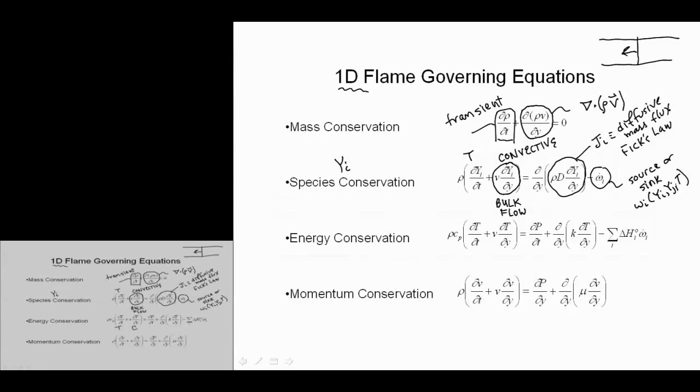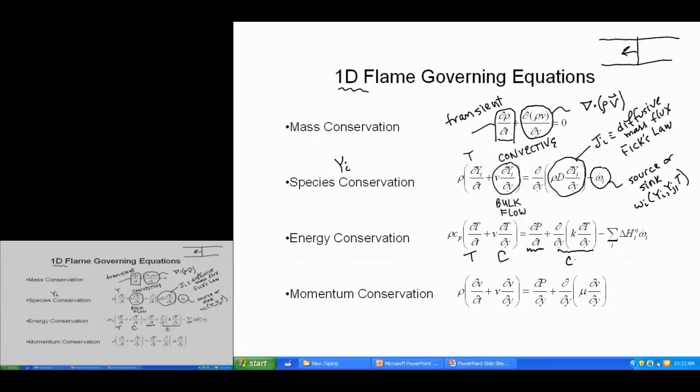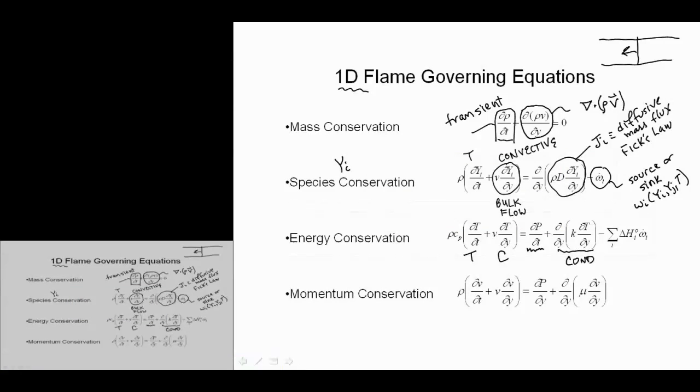This is our pressure transient source term. So this would give you the isentropic relations if you just had this term and the DP/Dt. This is our thermal diffusion term, which we understand to be just a conduction term, but it's the same physics, so this is still a diffusion type process.